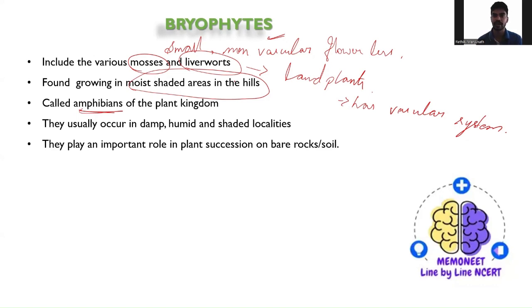That's why they are called the amphibians of the plant kingdom. They usually occur in damp, humid as well as shady localities. They play a very important role in plant succession on bark, rocks, and soil, that means soil formation. So this is all about the introduction of the bryophytes.